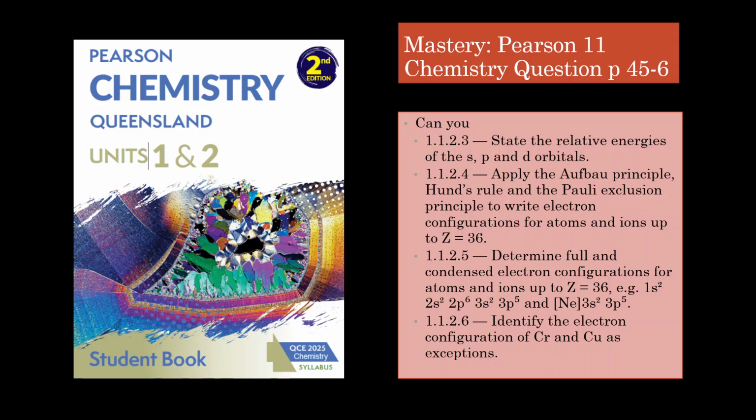So, for example, non-metals will gain electrons and metals will lose electrons when they form ions. Then determine the full and condensed electron configurations for Z up to 36, so that's krypton, and write it in full electron configuration as well as condensed. And then we finally identified the exceptions to the Aufbau principle, which are chromium and copper, and explained that.